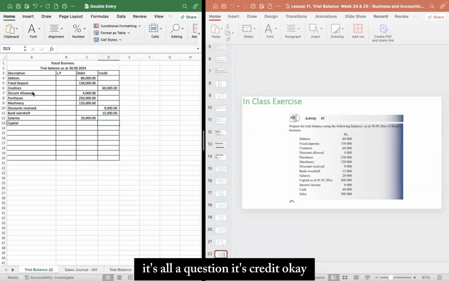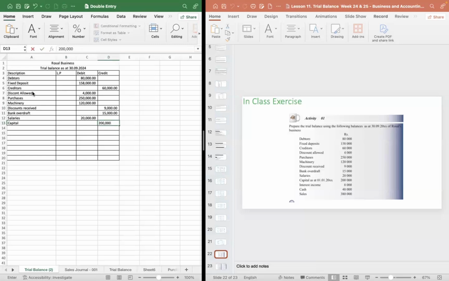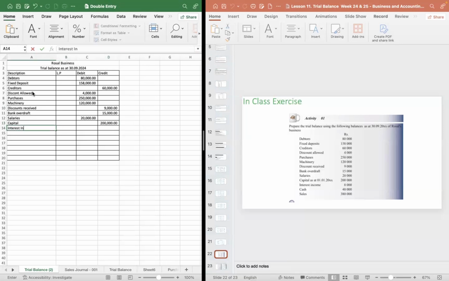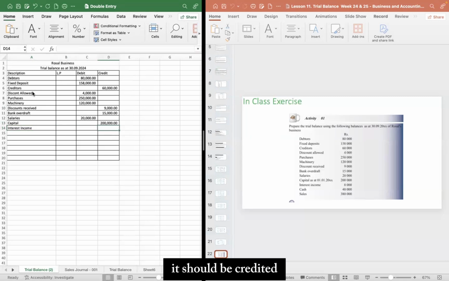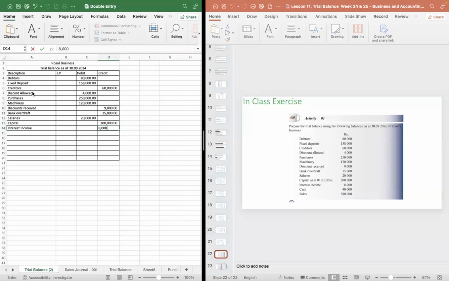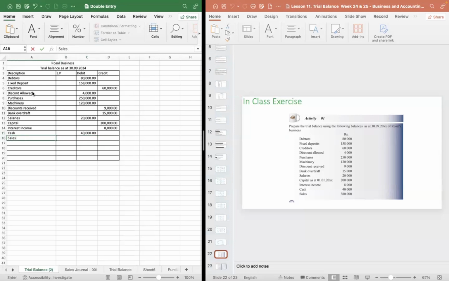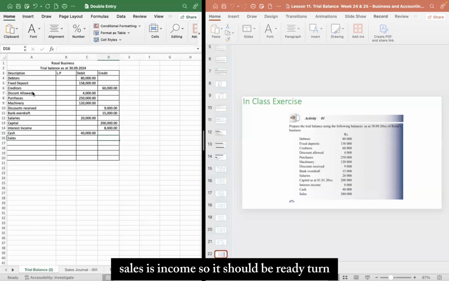It's credit. Then interest income. It should be credited. Cash. Debit, exactly. Then sales. Sales is an income, so it should be credited.